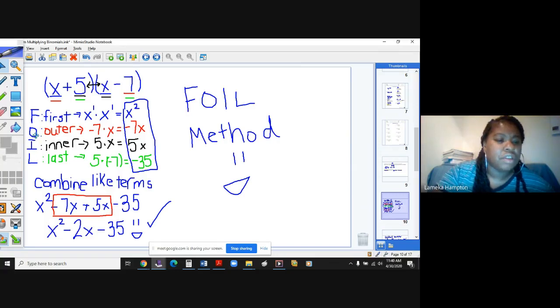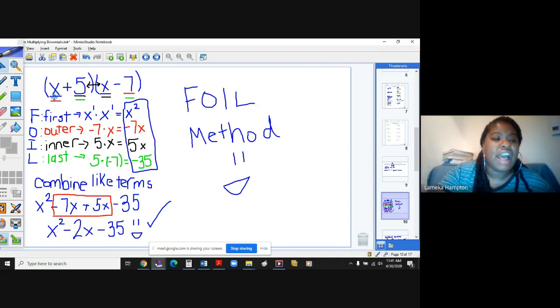The O stands for outer. And you see I've used different colors to represent what's being multiplied. So O stands for outer, and I am going to multiply the outer terms that are on the outskirts of the parentheses.